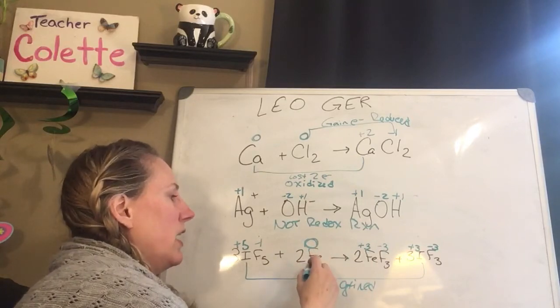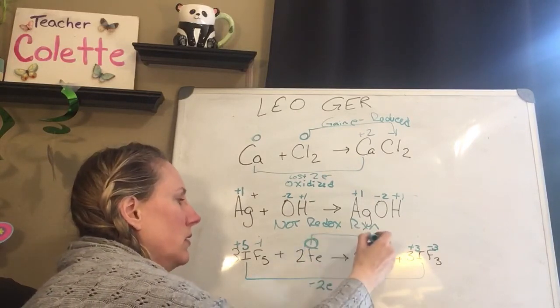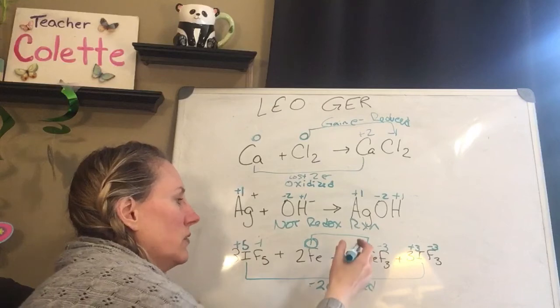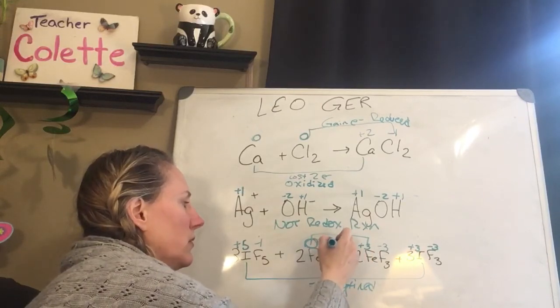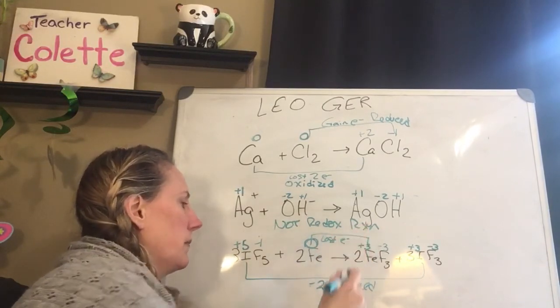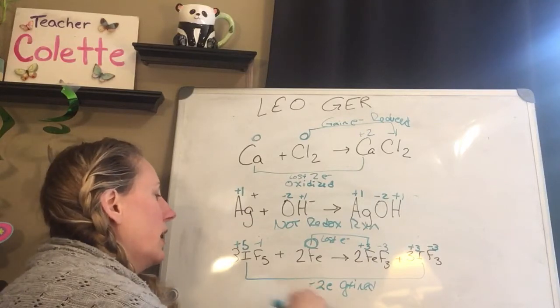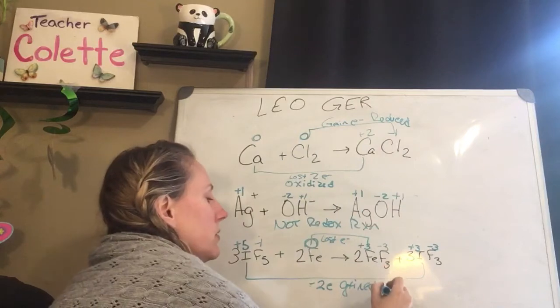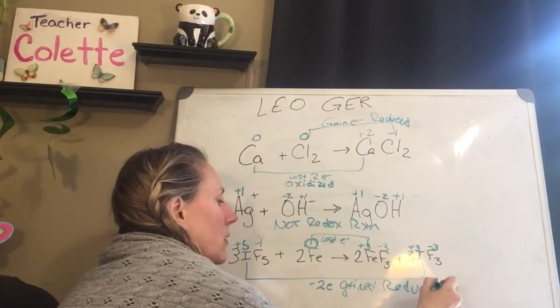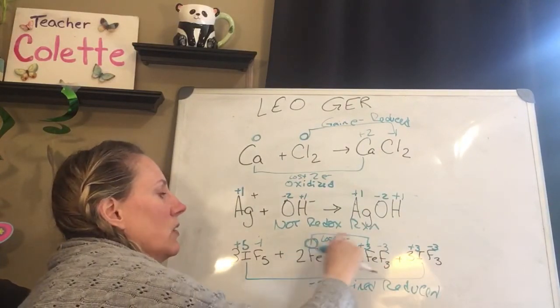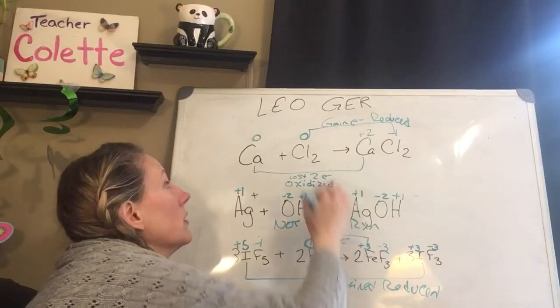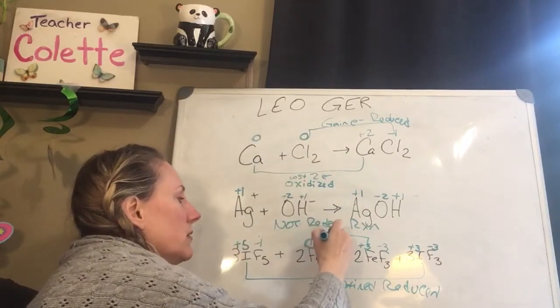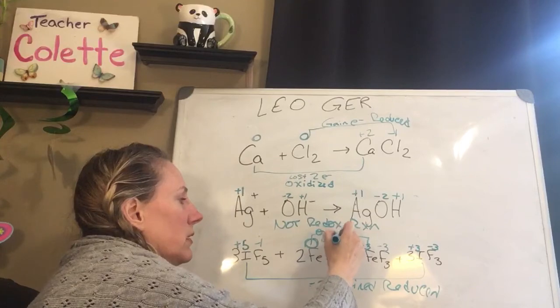And here I have iron that's going from 0 to +3. So he would have lost electrons. So the iodine here would have gained electrons, that's reduced. And iron here lost electrons, so that's loss of electrons, oxidized. Oxidized.